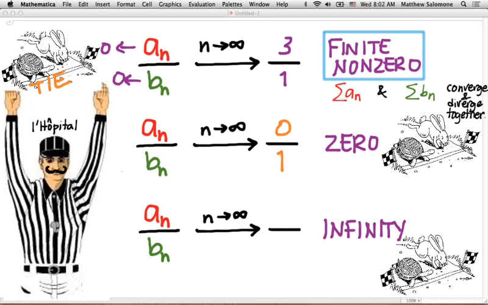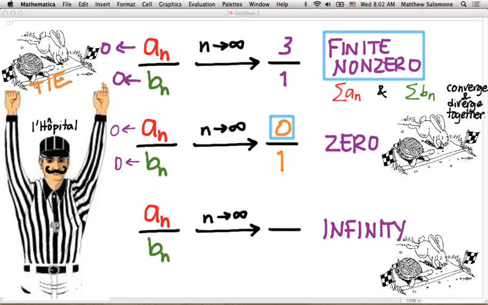They wanted to get to 0. But here, one of them got what it wanted, and the other one did not. The numerator, in this case, ended up getting to 0 before the denominator did.